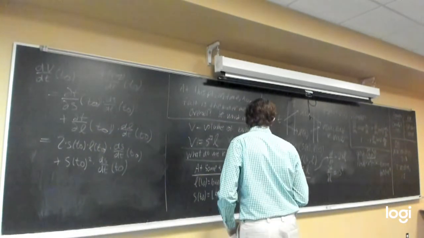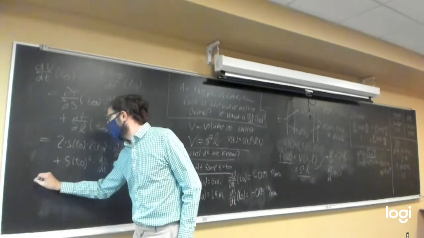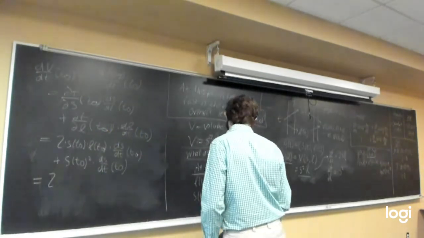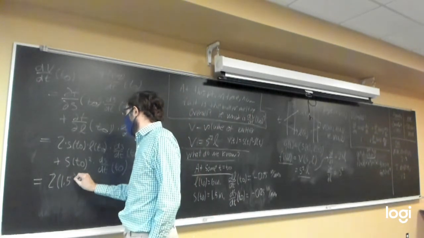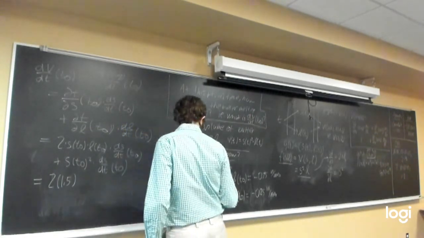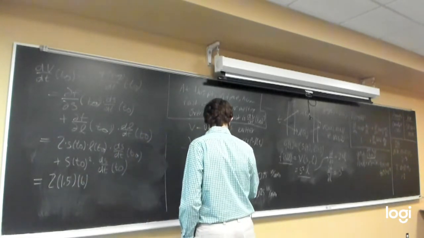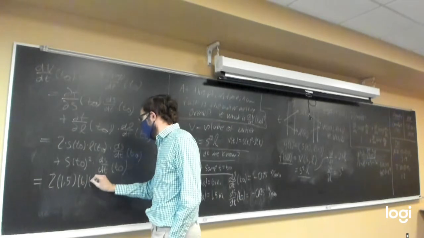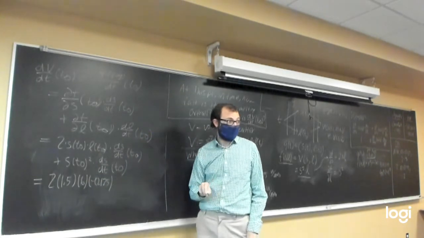And now I think we can start plugging in some numbers. We know what s of t naught is. That's just 1.5. So this will give us 2 times 1.5 times L of t naught, which is 6, times our ds dt, which is negative 0.125 inches per minute.